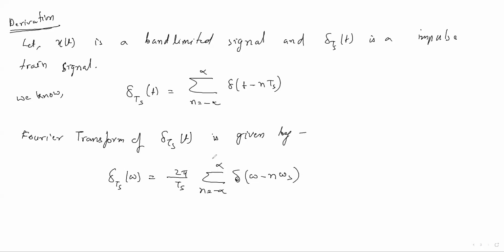This you should know, and I have given, I think, the Fourier transform of the impulse train signal in some numerical problems. You can see in the previous classes. Then the Fourier transform of the train of impulse signal is this: 2 pi by Ts summation n equal to minus infinity to infinity delta(omega minus n omega s).